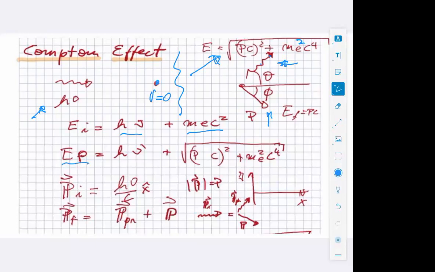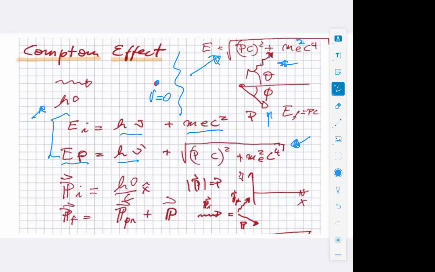The final energy is the energy of the new photon plus the energy of the electron, which I have to write in the proper relativistic way: the square root of (pc)^2 plus m_e^2 c^4, c to the 4th, I'm sorry.